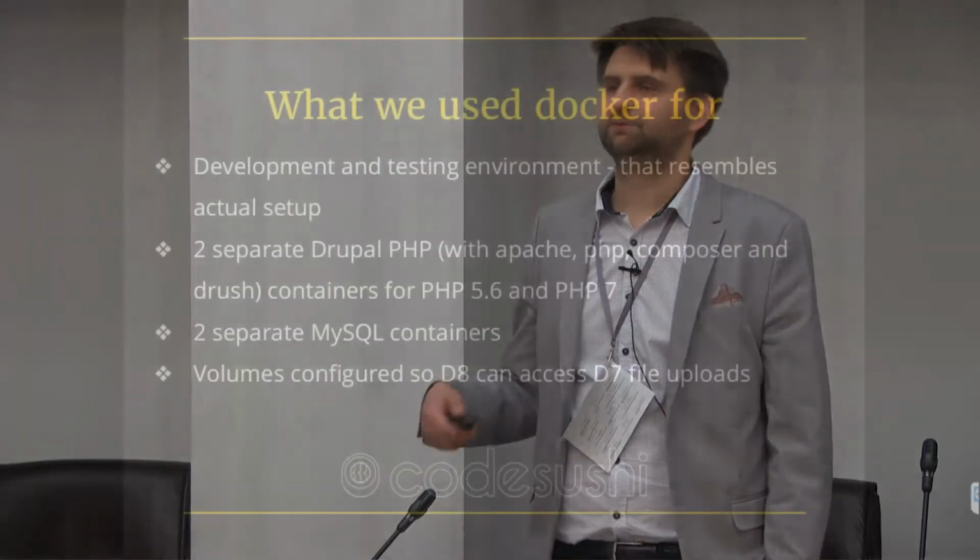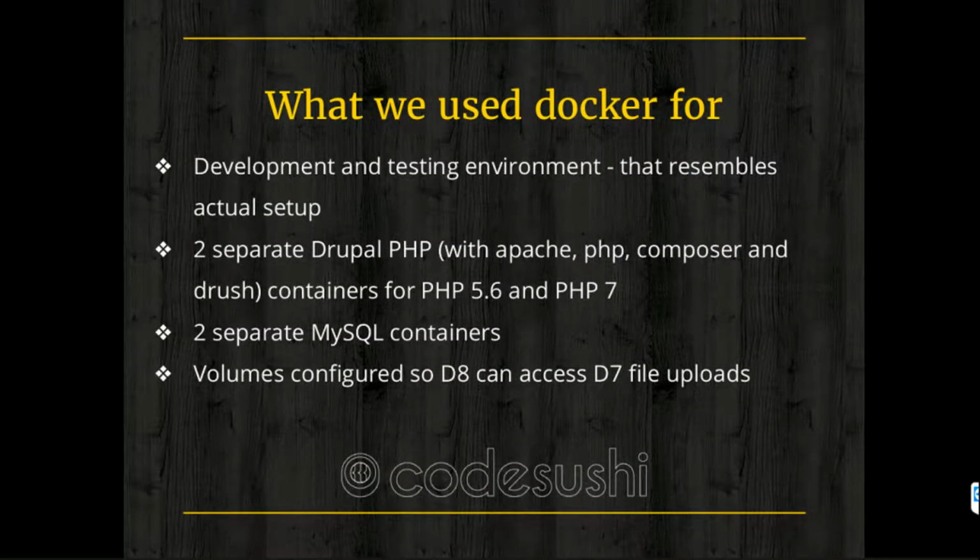We didn't want to have both on PHP 7 because we really weren't paid for checking whether Drupal 7 will work just fine with PHP 7. So that's why. We have two separate MySQL containers, so two separate databases.